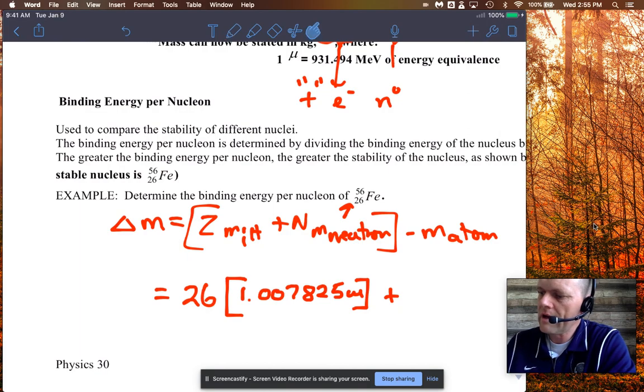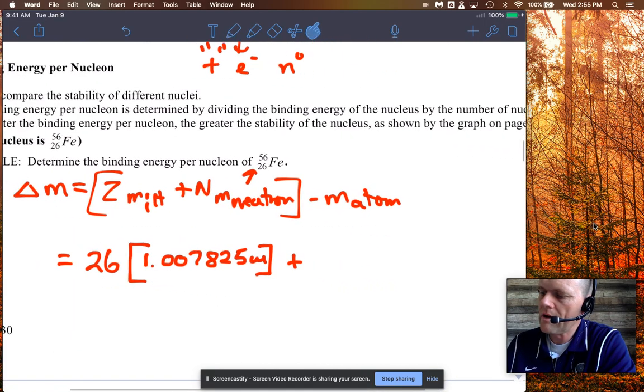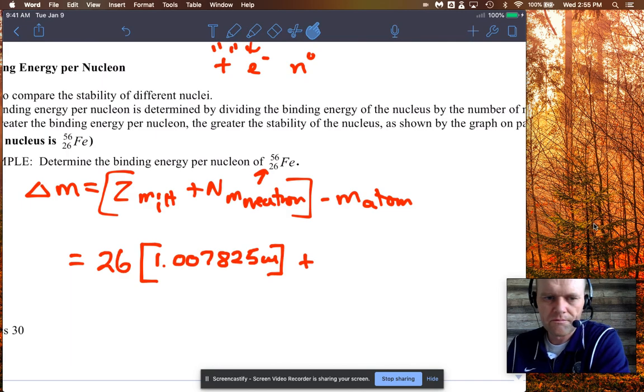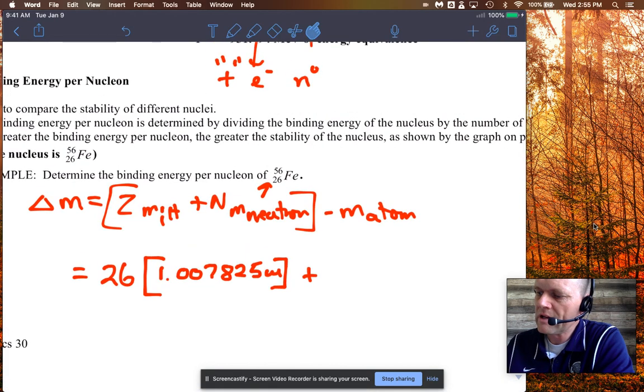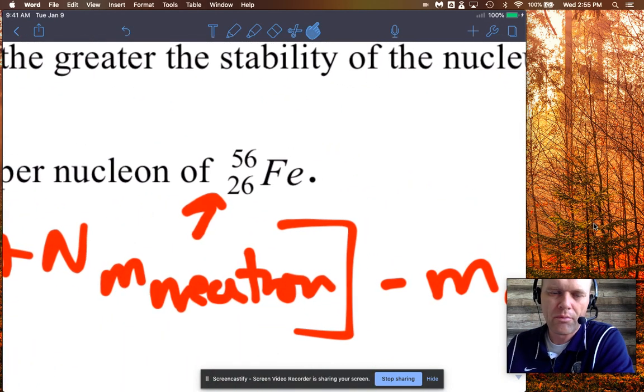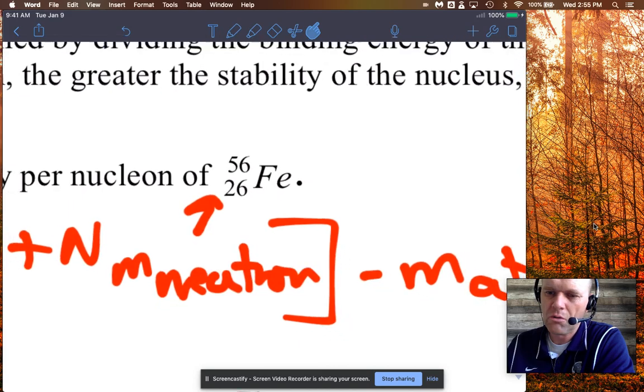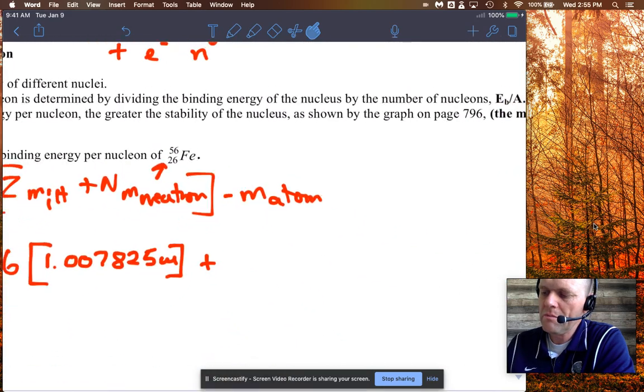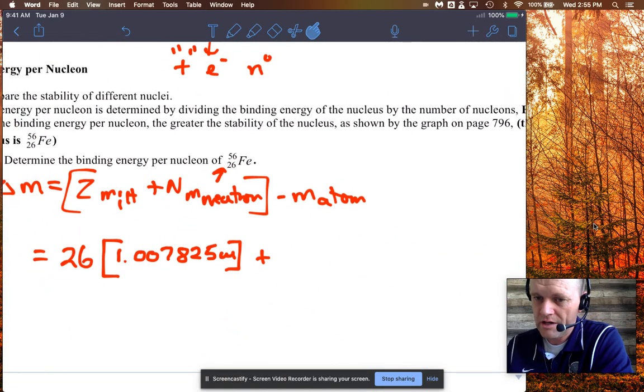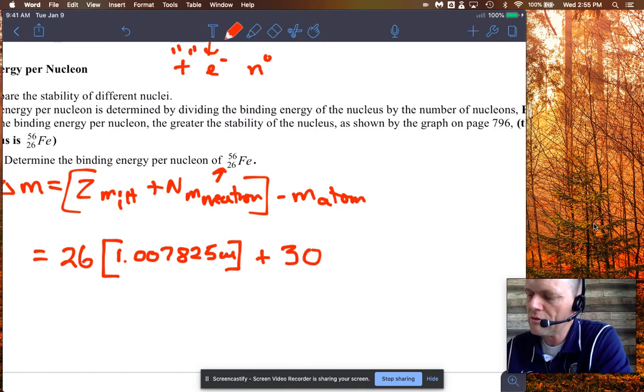What we're looking at now is we need the number of neutrons. So 56 nucleons minus the 26 protons equals 30. It means in this isotope of iron, there are 30 neutrons.